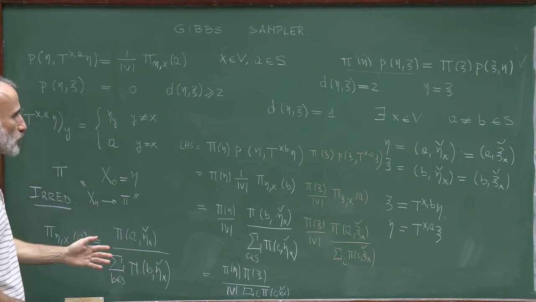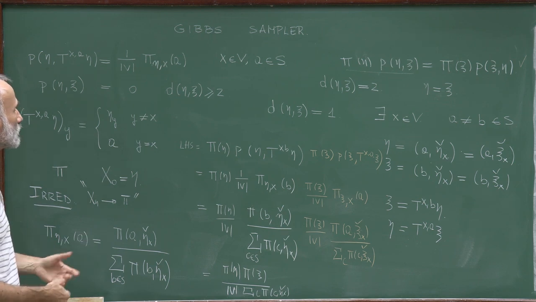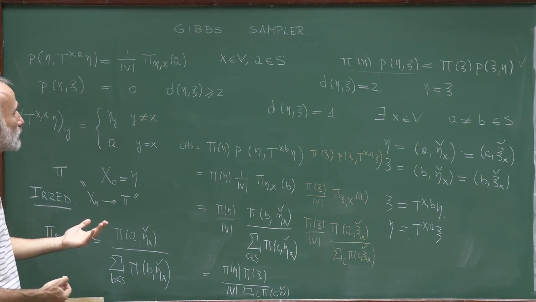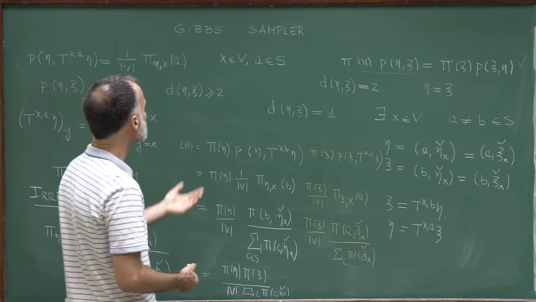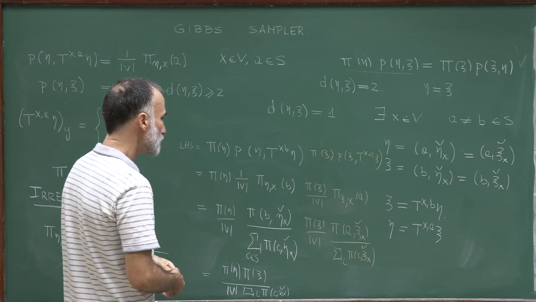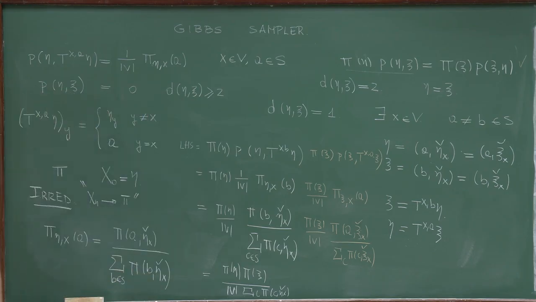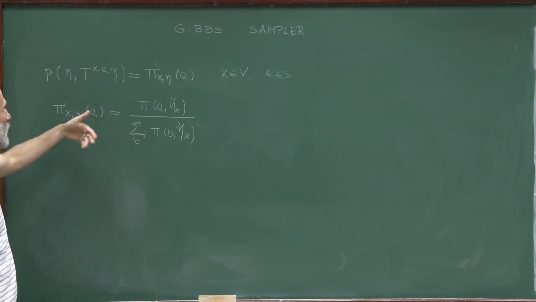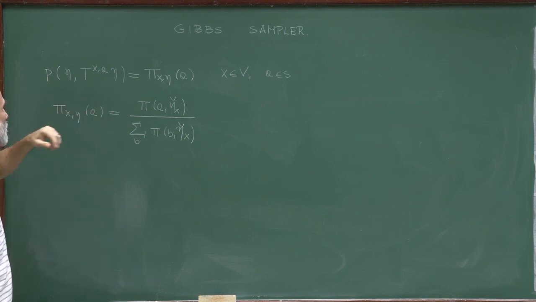And so maybe before I proceed, let me just show that indeed in the hard-core model, the algorithm we proposed exactly corresponds to the Gibbs Sampler. So let me conclude this lecture by showing that indeed the algorithm we proposed is the Gibbs Sampler.